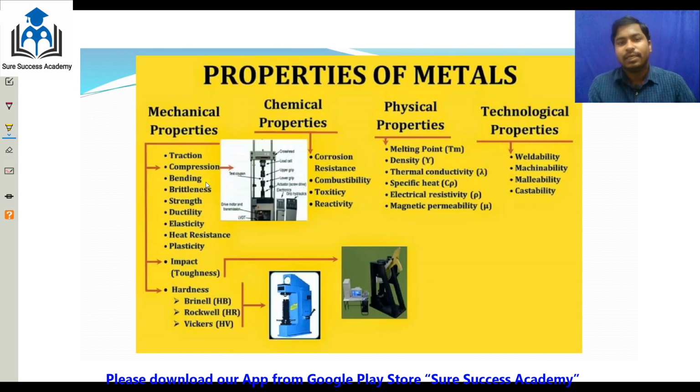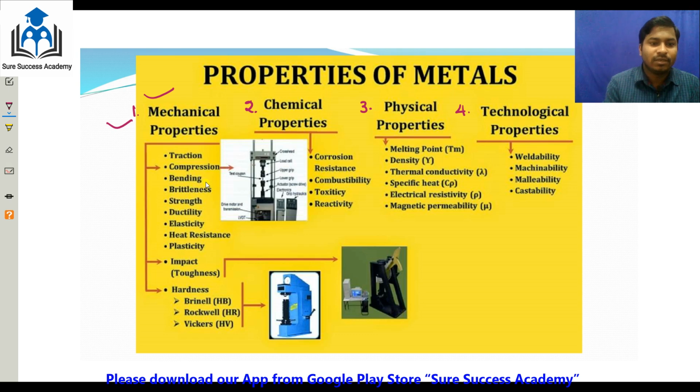So friends, now the properties of materials. Property means the characteristic of the metals. There are different characteristics of materials and different properties: mechanical properties, chemical properties, physical properties, and technological properties. Mechanical properties include traction, compression, bending, brittleness, strength, ductility, elasticity, heat resistance and plasticity, impact, and hardness, Brinell, Rockwell and Vickers hardness.